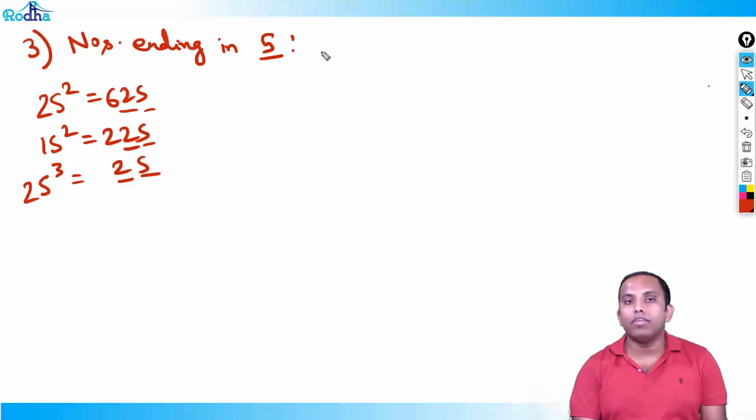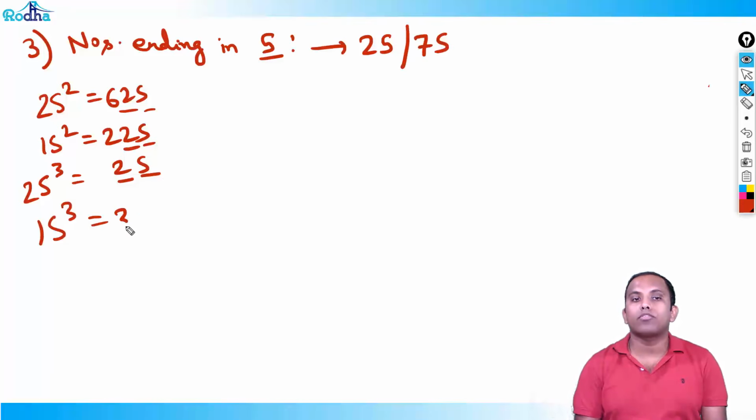So in numbers ending in 5, last two is always 25 or 75. But when it comes to 75, like 15 cube is 3375. Right. So if a number is ending in 5, last two will be either 25 or 75. So you can write a simple rule for it.